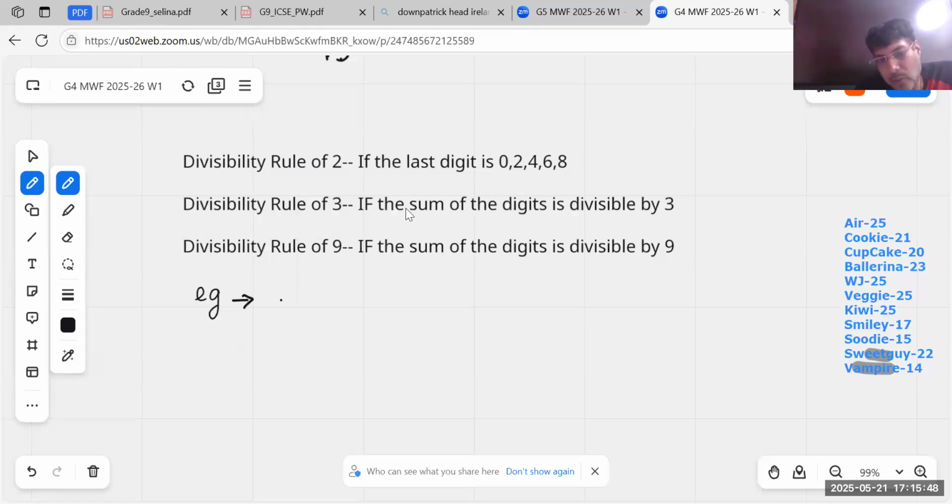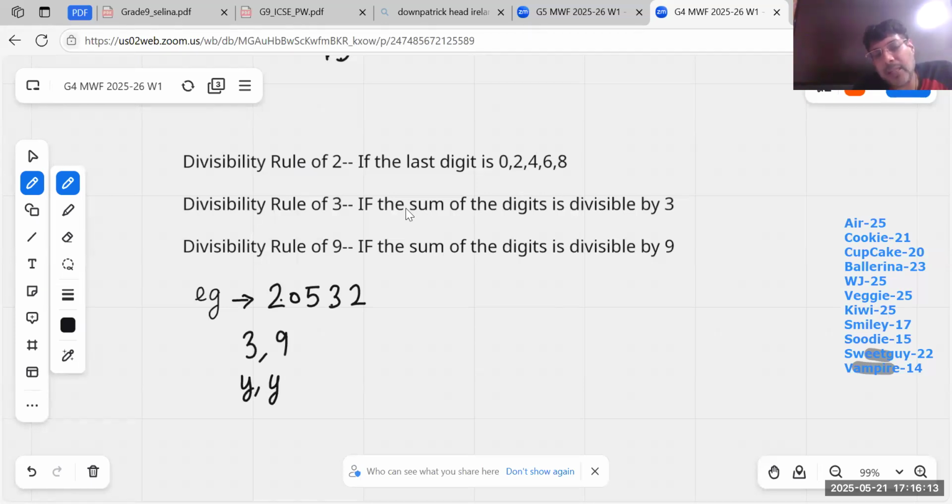पहले आप 3 का check करोगे, then आप 9 का check करोगे. So check divisibility by 3 and 9. तो आप chat में क्या भेजोगे? जैसे it is divisible by both 3 and 9, you will send YY.